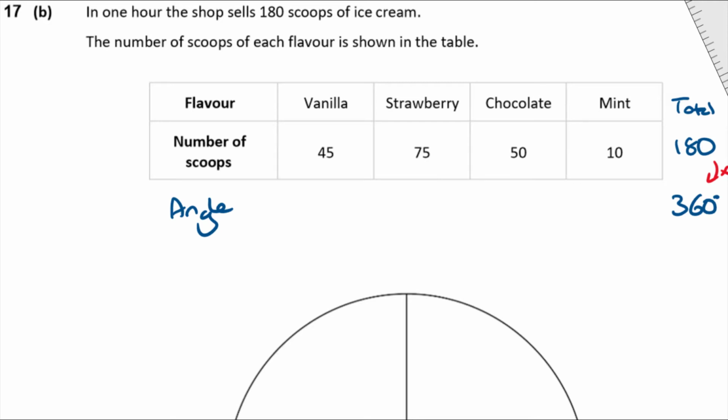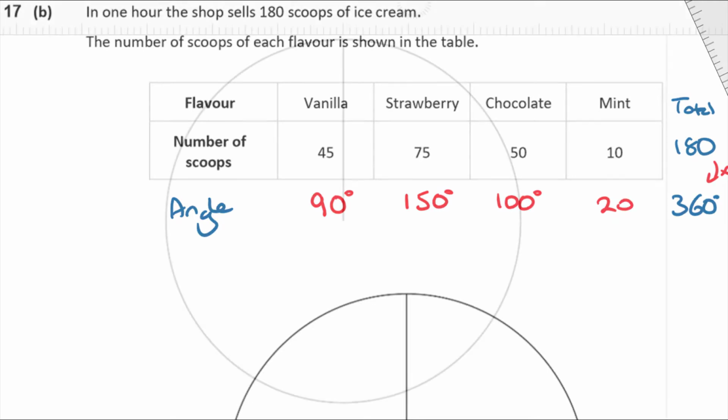So my 45 scoops of ice cream, at 2 degrees per scoop, is going to be a 90-degree angle. Strawberry, 75 times 2, that's a 150-degree angle. Chocolate is going to be a 100-degree angle. And mint is going to be 20 degrees.